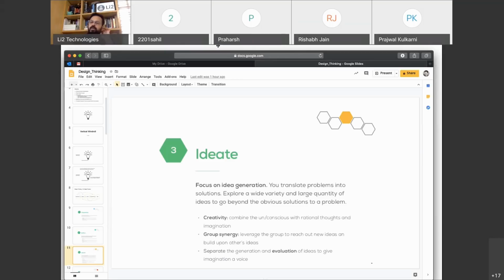So when I talk of idea, here it is. You translate the problem into solutions. At this point, you bring your solutions. At this point, you say, okay, I will build a device which is picking up this sensor and it has this smog converter.